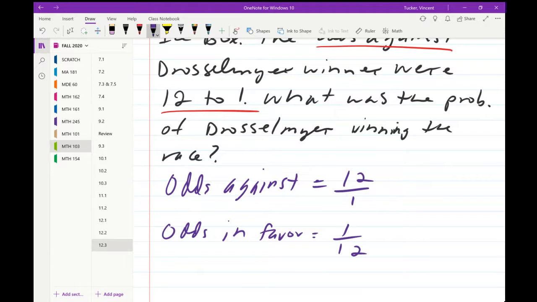The reason why that's important is that it establishes what A and what B is. A is equal to 1 and B is equal to 12. If we were using odds against wrong, then we would have the wrong numbers set up.